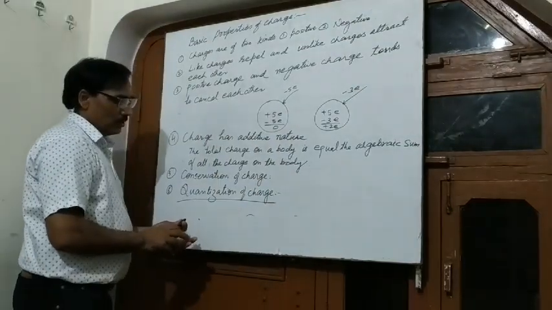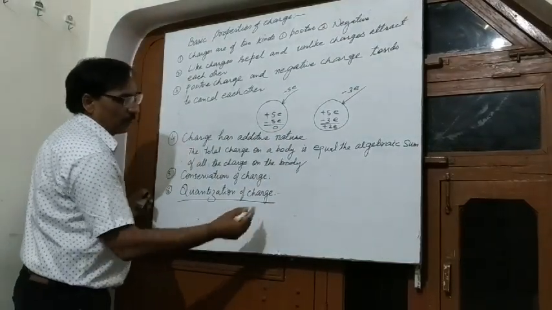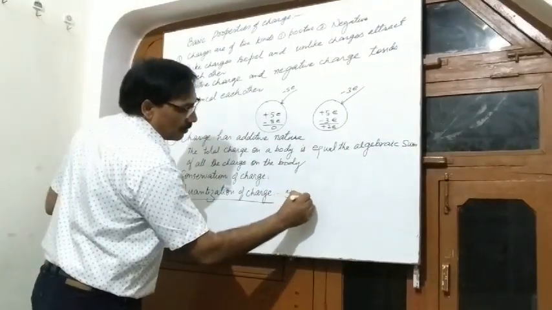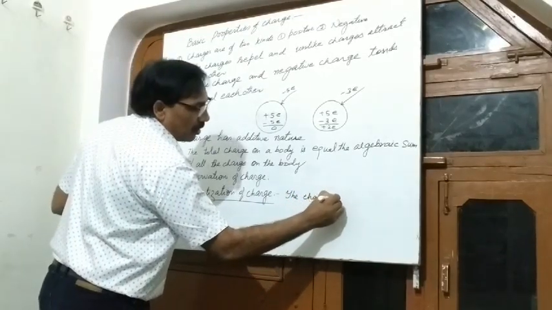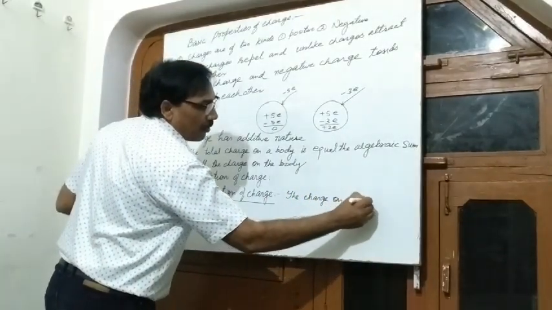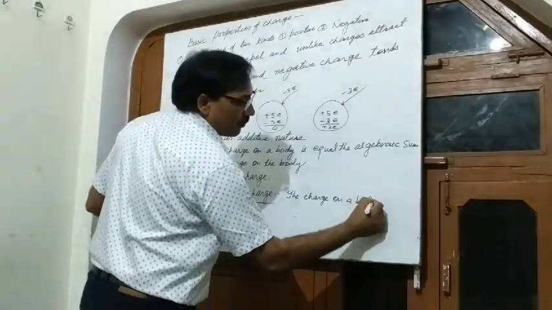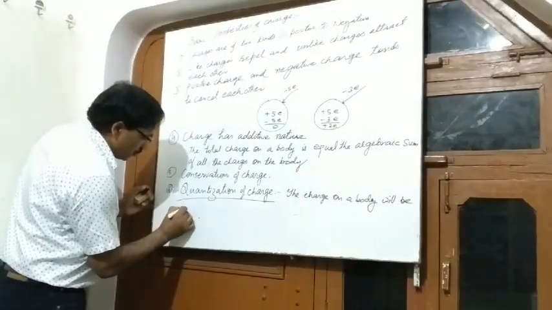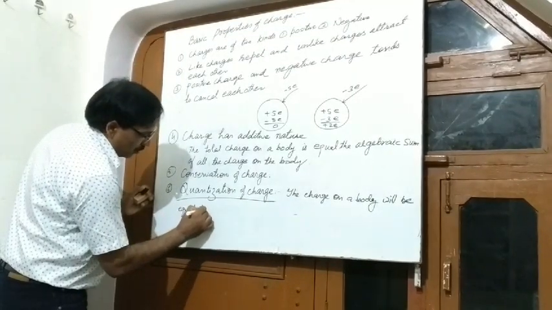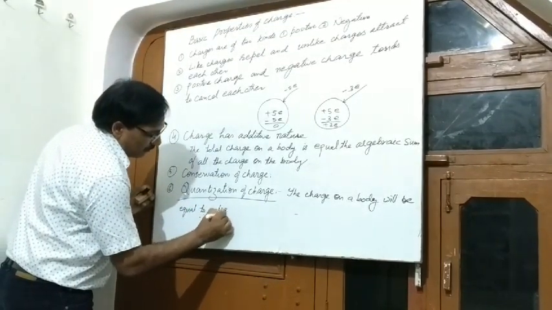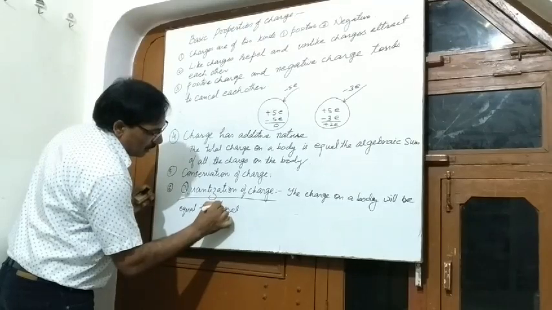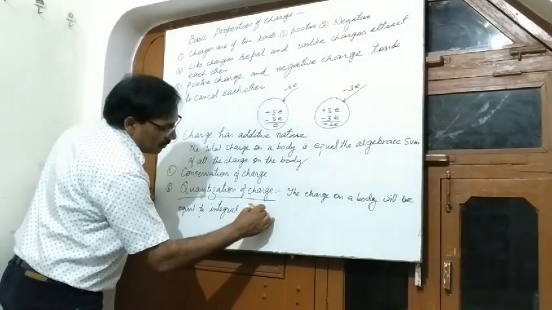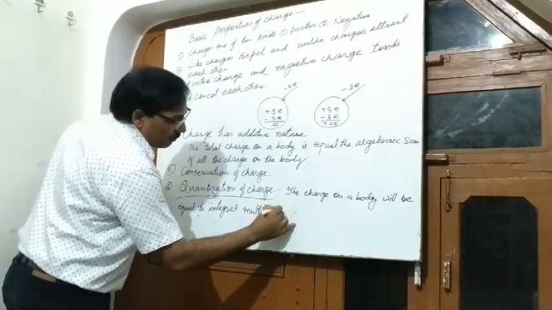The charge on a body will be equal to integral multiple of e.